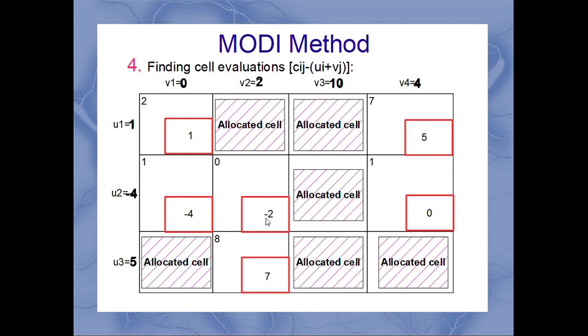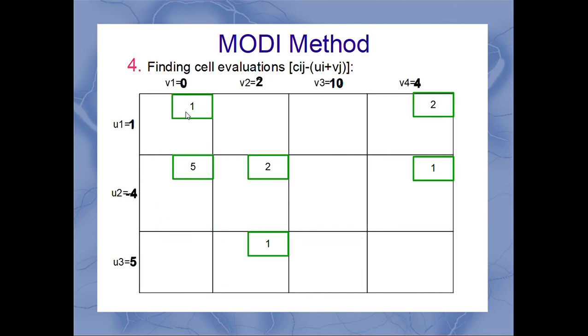This is nothing but ui plus vj. This value ui plus vj is nothing but this number. So for all these cells we will find cell evaluations. 1 minus of minus 4 is 5, 0 minus of minus 2 equal to 2, 1 minus 0 equal to 1, 8 minus 7 equal to 1.